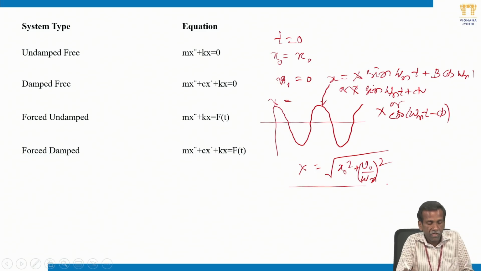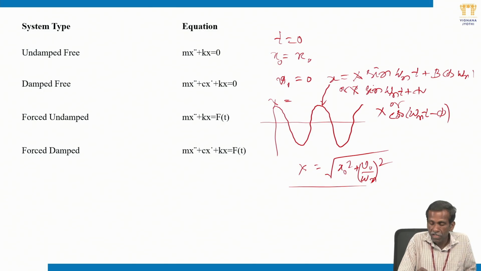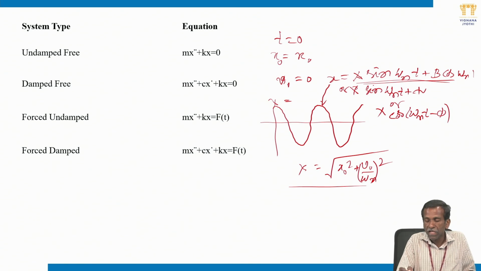So in this way you can interpret different ways of the undamped free vibration equation. It is simply a sinusoidal equation, so the solution can be written in this form, and you can solve for a and b, the integration constants, by substituting initial values.